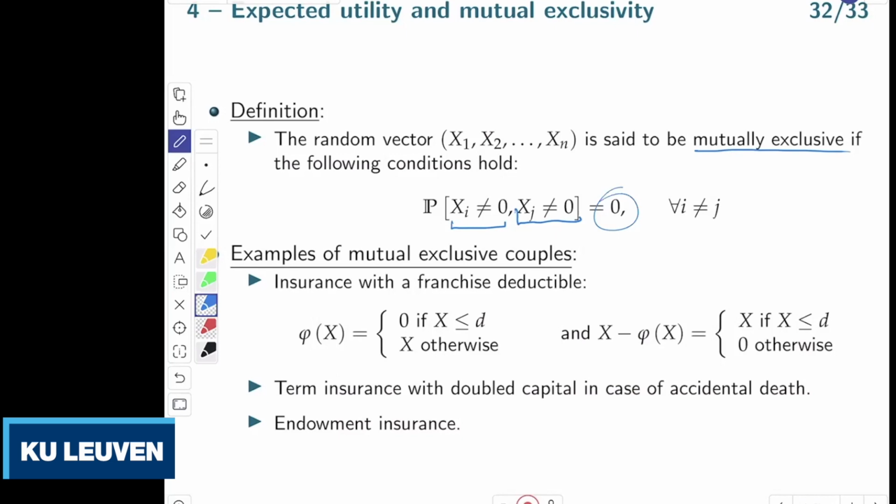Yes, very good. So assume that I have multiple risks, X1, X2, X3. Assume that these are losses of different portfolios. For example, I have a portfolio in the US, in North America, I have one in Europe, I have an insurance portfolio in Asia.